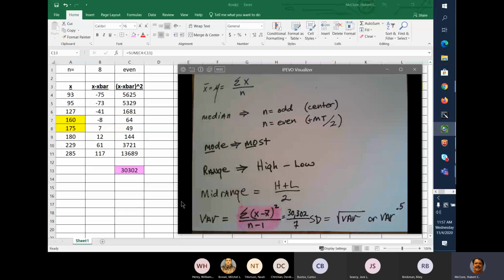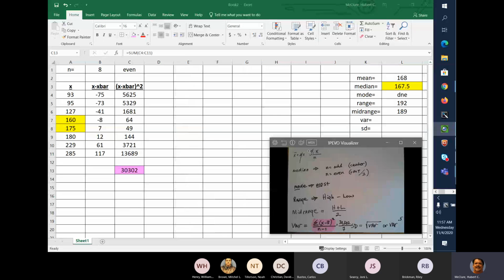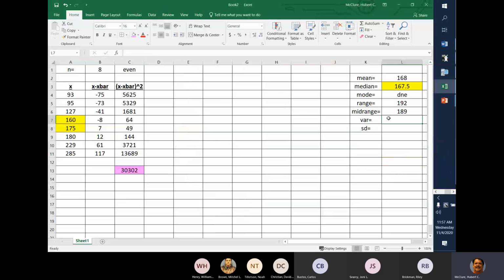So I'm going to do that calculation, do it in your notes. I'm going to go over here and do it in an Excel spreadsheet and check your number with what I got. Equals this number divided by 7.